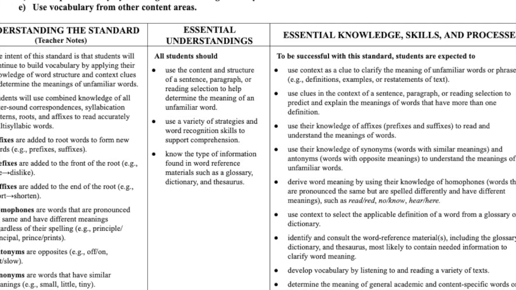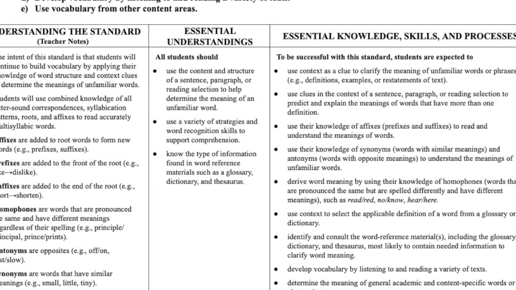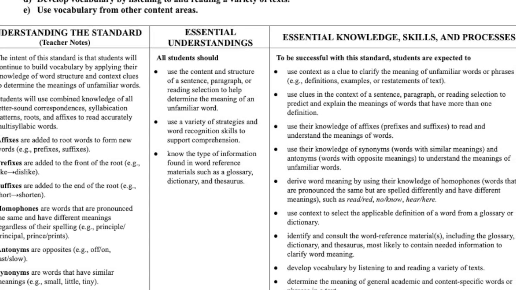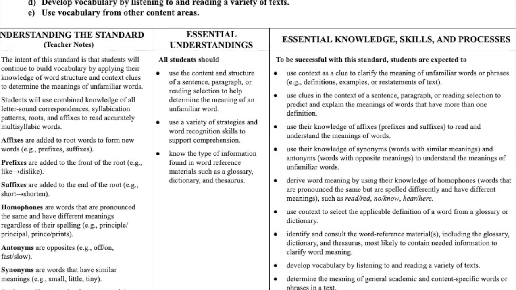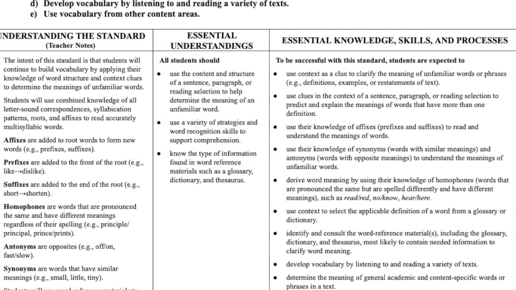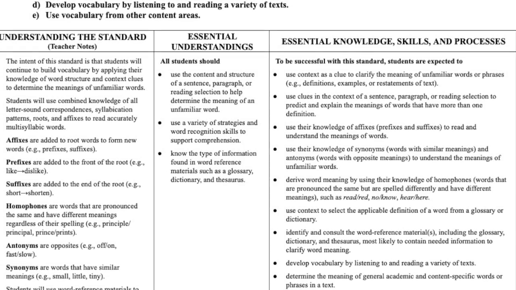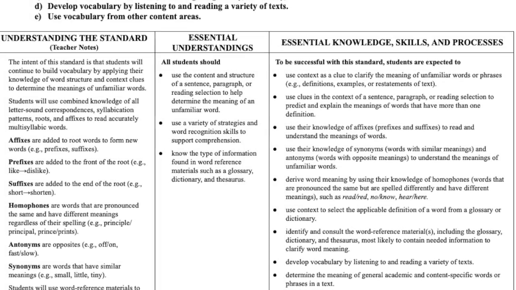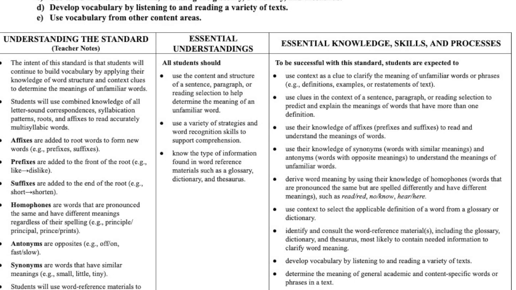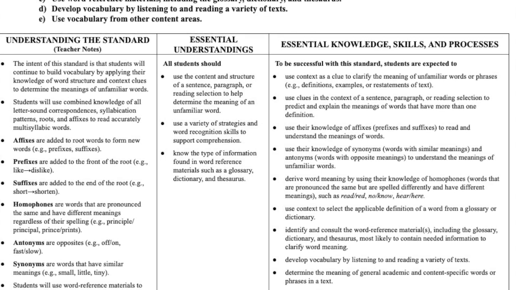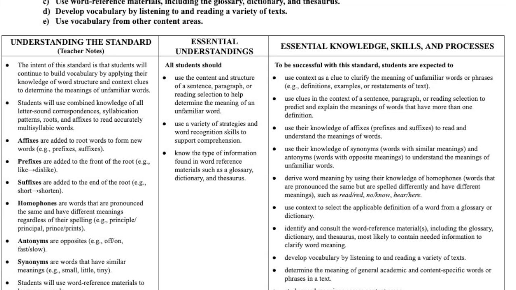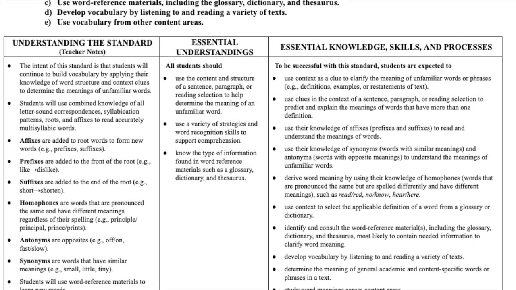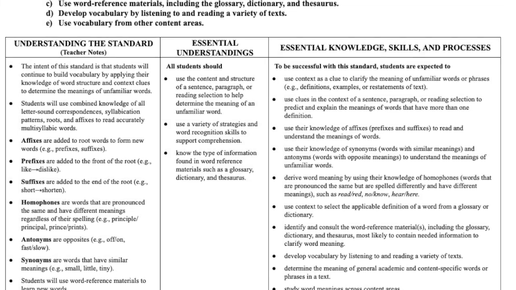They will use context to clarify meanings of unfamiliar words, use knowledge of roots, affixes, synonyms, antonyms, and homophones, use word reference material including the glossary, dictionary, and thesaurus, develop vocabulary by listening to and reading a variety of texts, use vocabulary from other content areas.